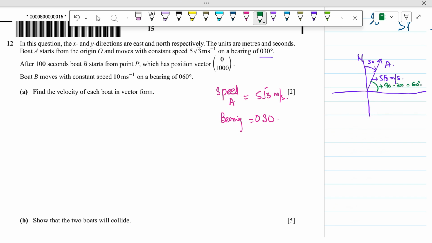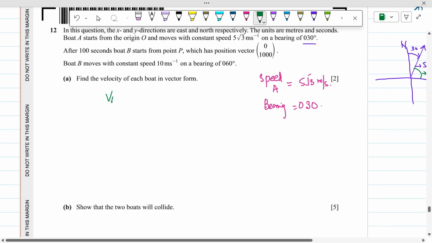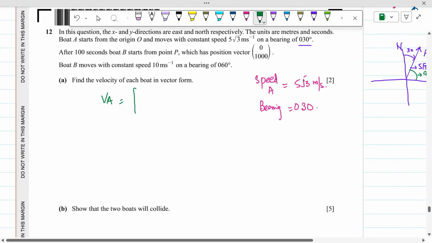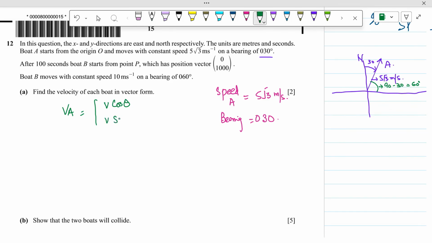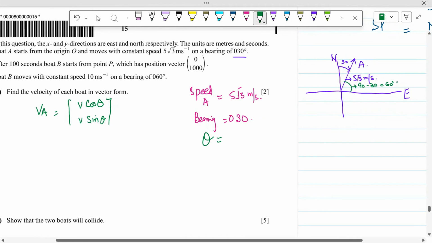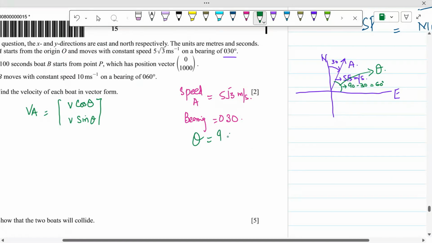60. So we can say that the velocity of A has the x component, which is velocity times cos θ, and the y component, velocity times sin θ, and this θ is 90 minus 30, which is 60.